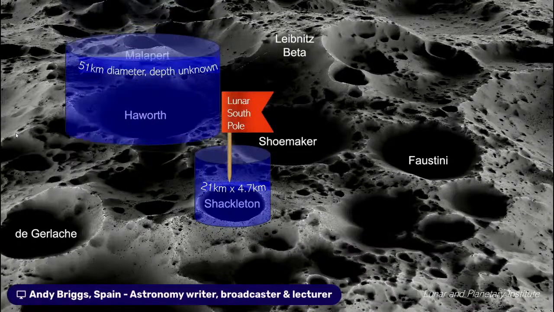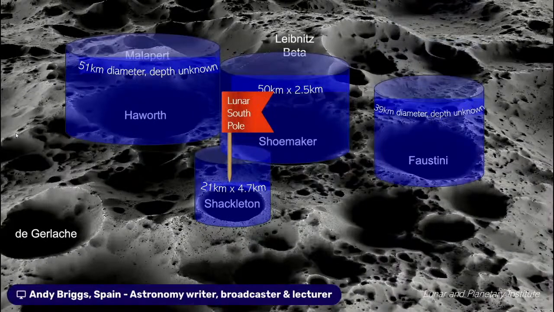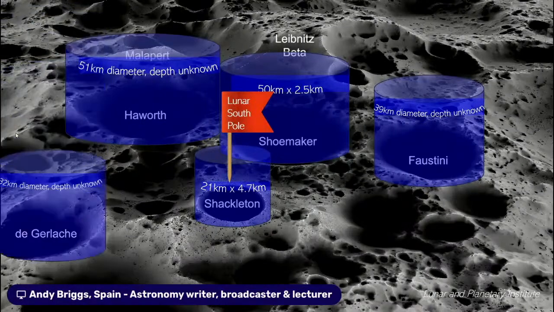We've got Hayworth, for example, 51 kilometers, its depth unknown. We've got Shoemaker, named after, of course, the famous scientist Eugene Shoemaker, 50 kilometers wide by 2.5 kilometers deep. Faustini, 39 kilometers wide, depth unknown.